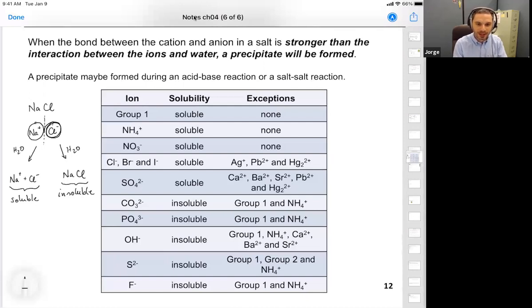Okay, so that's what this table means. First column is the ion that is part of the salt. The second column tells you if it is soluble or not. And the third column will give you some sort of exceptions if there is any.